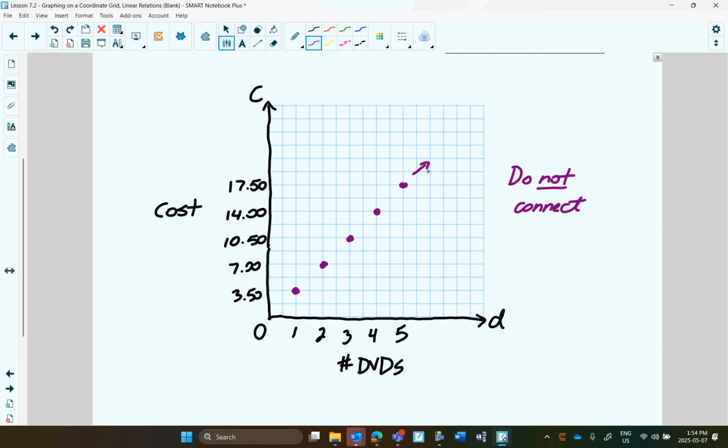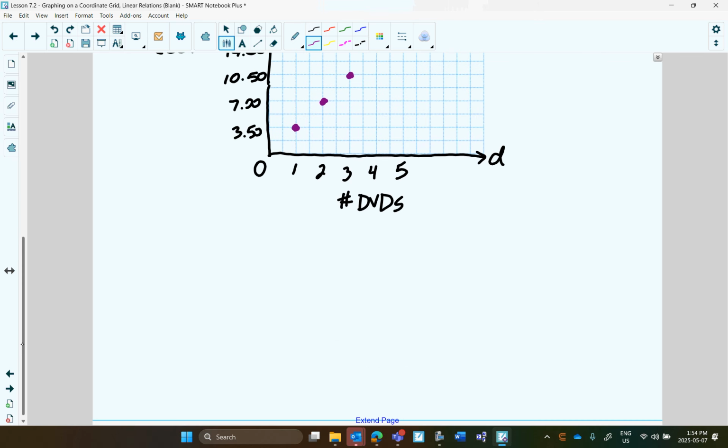We still got one more question in this. Is this linear? Could you draw a line through all the points, or would it be a curve? It'd be a line. That means it's linear.